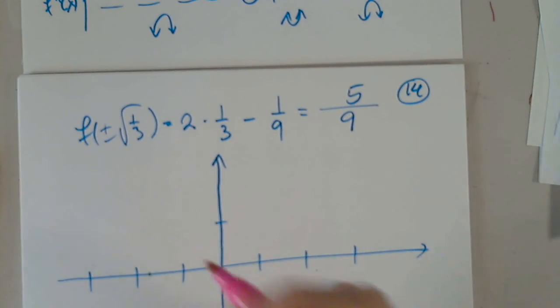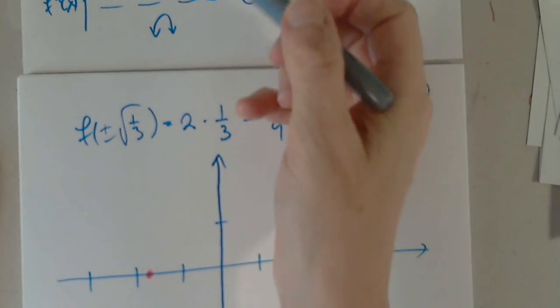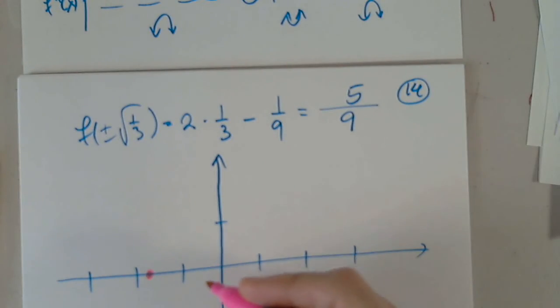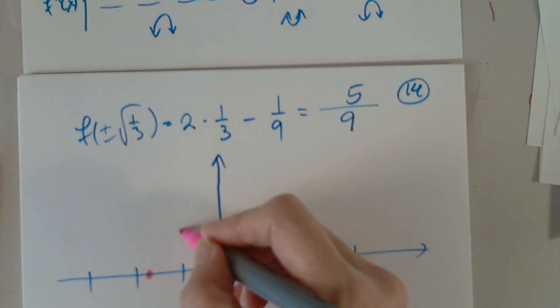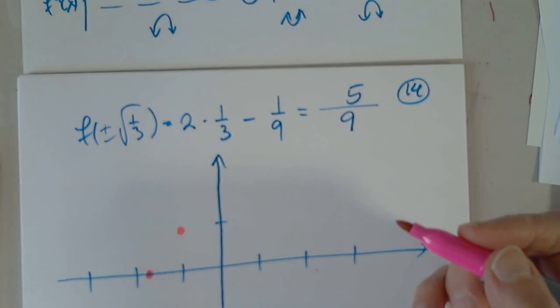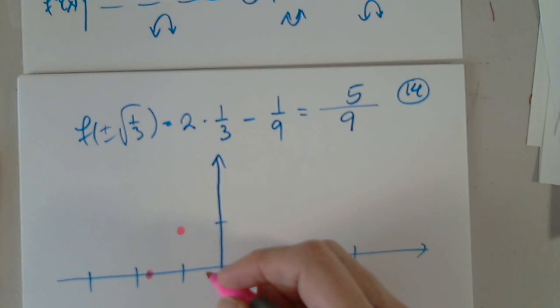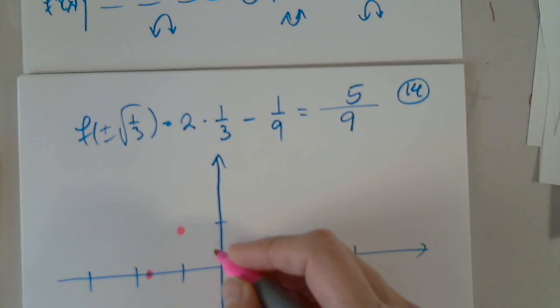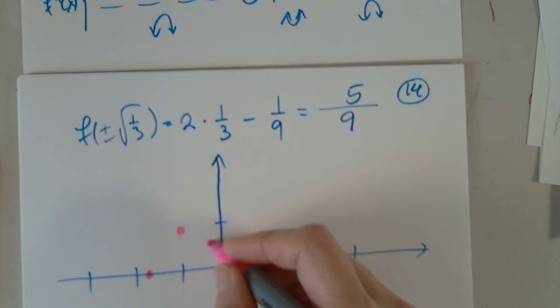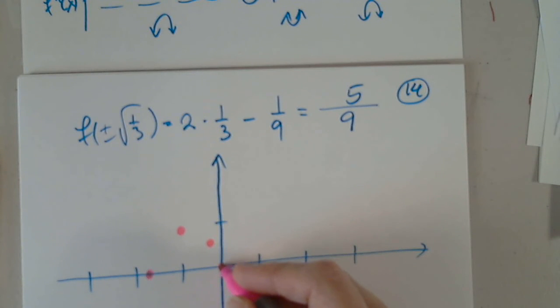Okay, right here. Negative 1, 1. Negative the square root of 1/3, 5/9. 5/9 is a little bit more than half, so somewhere here. 0, 0.